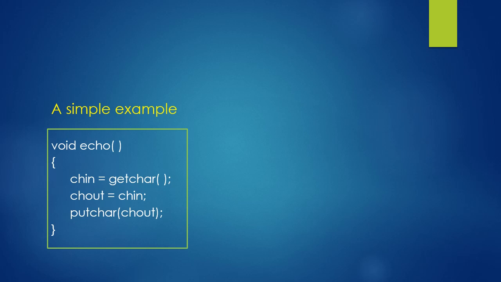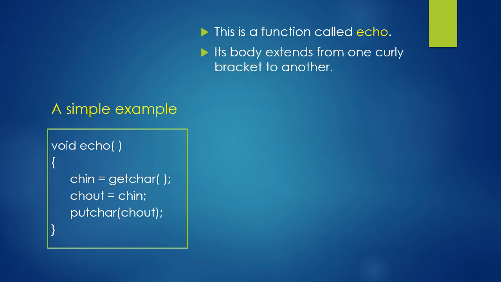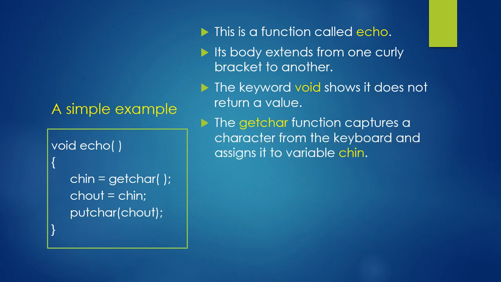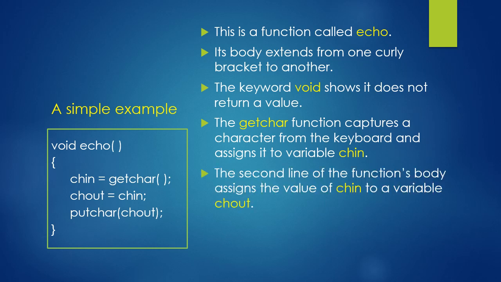Consider the following procedure. This is a function called echo. Its body extends from one curly bracket to another. The keyword void shows it does not return a value. The getChar function captures a character from the keyboard and assigns it to the variable ch_in, or character in.